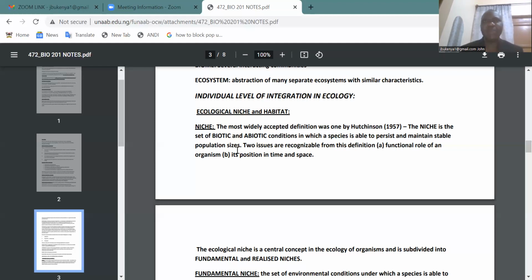Is the organism a prey or predator? What is the role of the organism in the habitat where it is found? In that case, we use the term ecological niche to describe where an organism exists and what it does there.